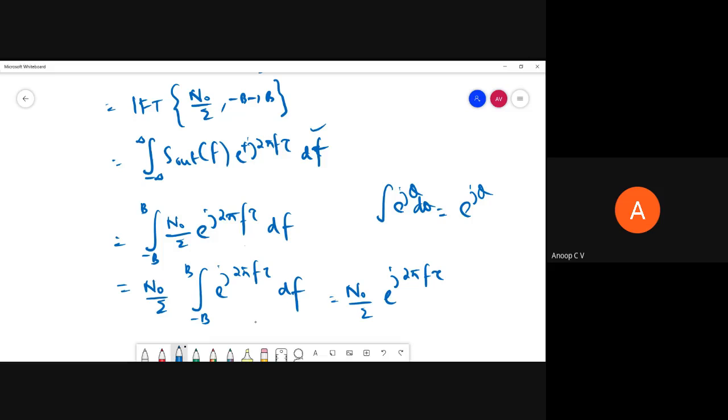Then you have to apply the limit, of course, minus B to B. Then it should be divided by the derivative of this, the derivative of j 2 pi f tau with respect to f, that is d by df of j 2 pi f tau.